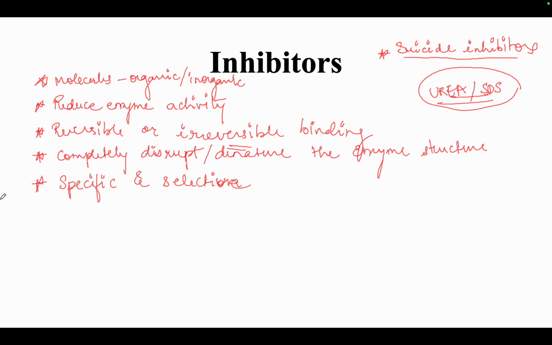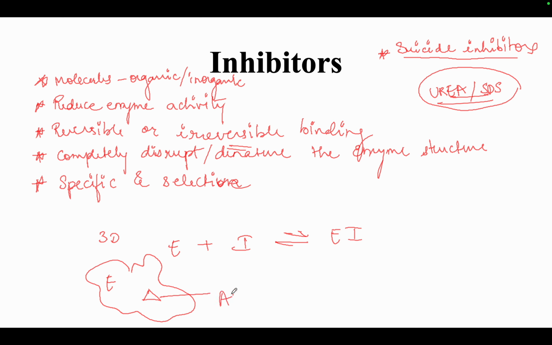Okay, so we have an enzyme that will bind to an inhibitor. The binding could be reversible. It will form an enzyme inhibitor complex as shown here, and it will reduce the activity, as in it will occupy the enzyme. And how does it occupy the enzyme? If this is our enzyme, the 3D structure of the enzyme has an active site, which is nothing but the substrate binding pocket.